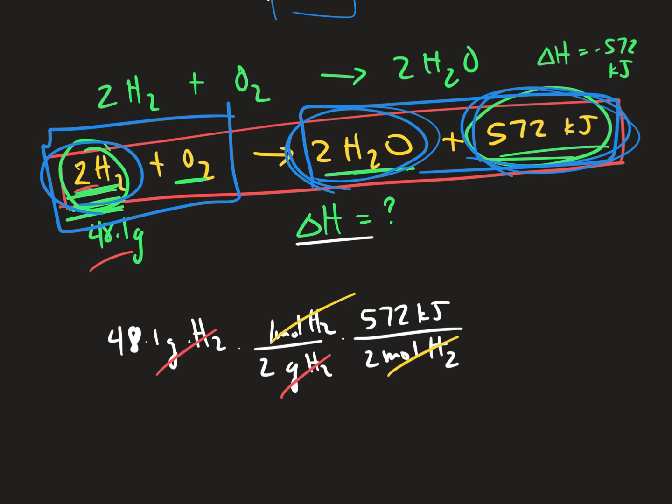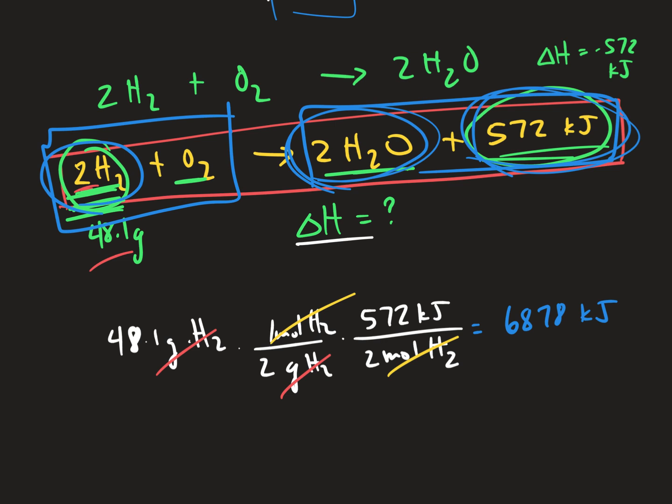Okay? And when we do this, we have 78 kilojoules. Is that right? Yeah? Okay. So that's how much heat is released.